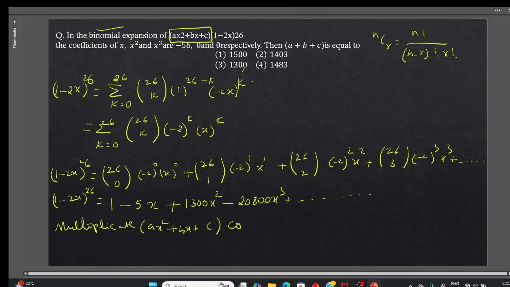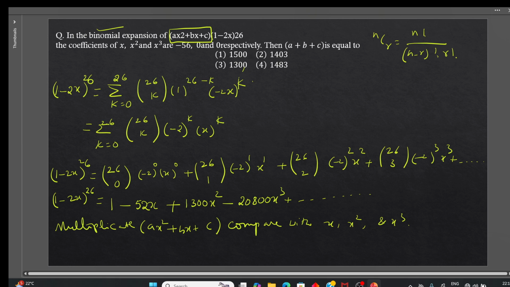Now compare with the coefficients of x, x square and x cube. Here it is 52x.